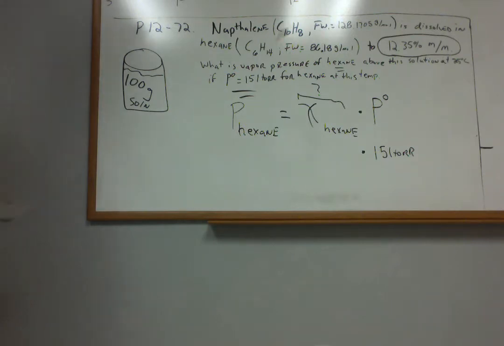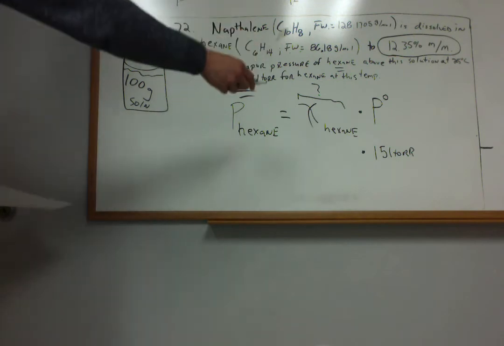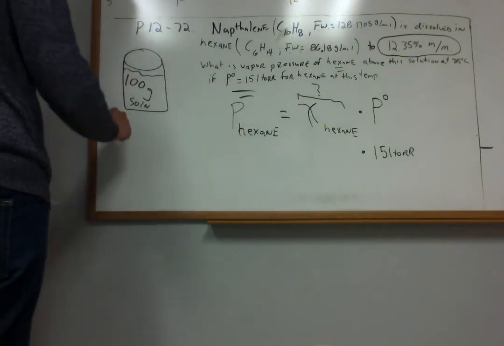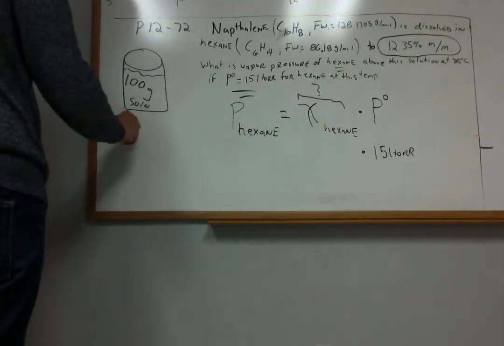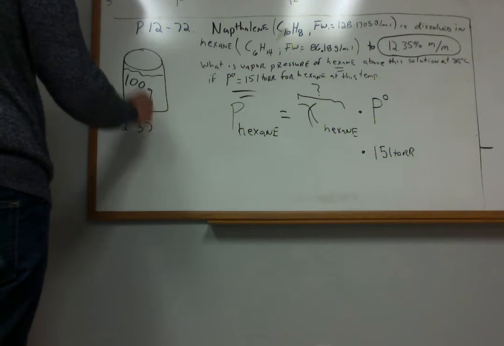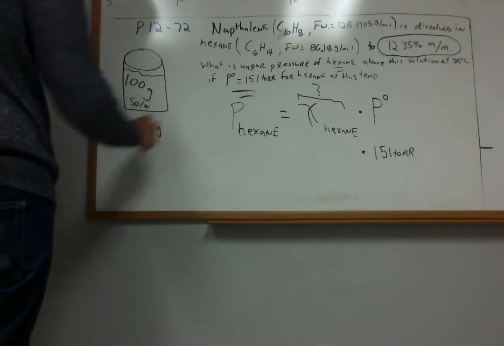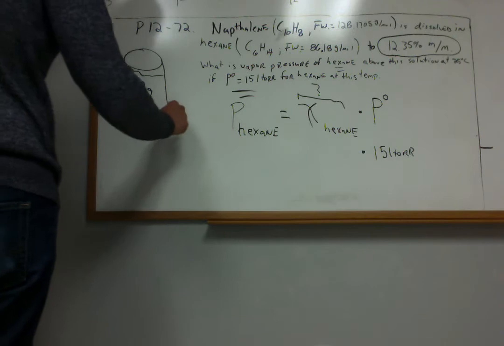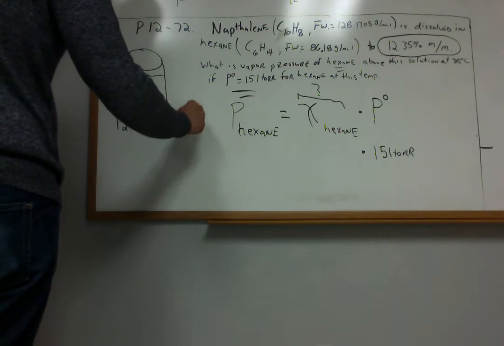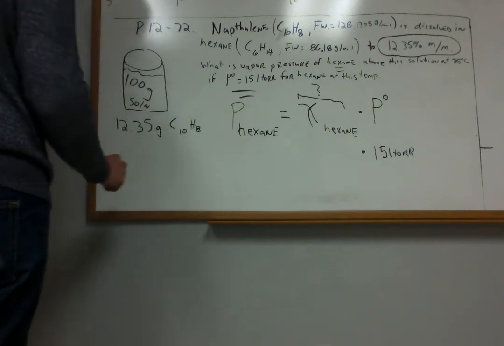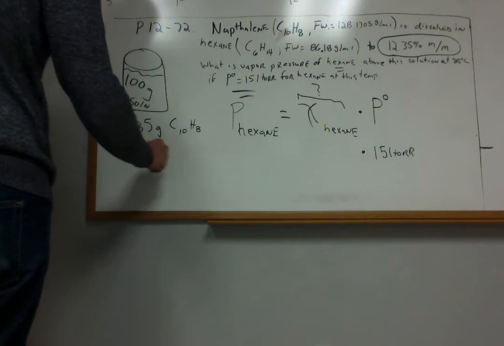Now, if that's the case, by the definition of mass percent, okay, and the fact that it's 12.35% by mass, in that 100 gram solution, I would know that I would have 12.35 grams of my naphthalene, C10H8. And I would also have the remaining balance.